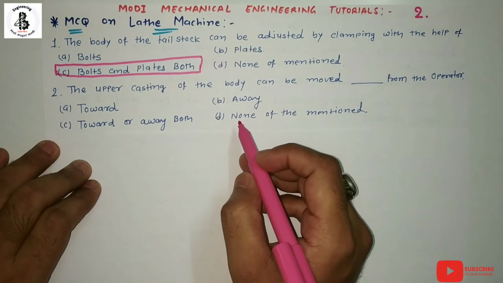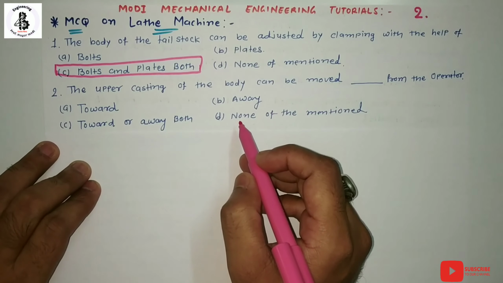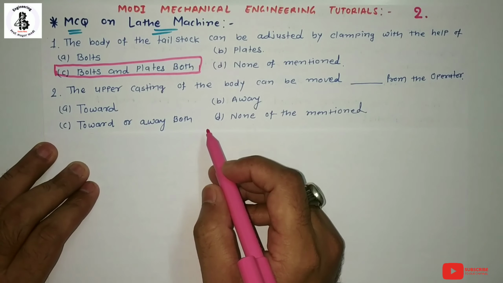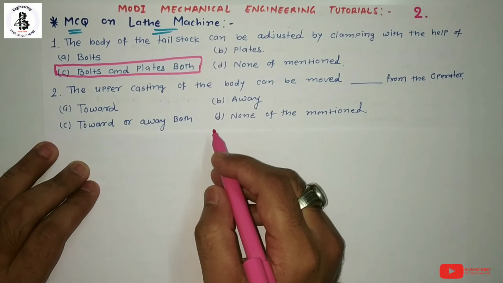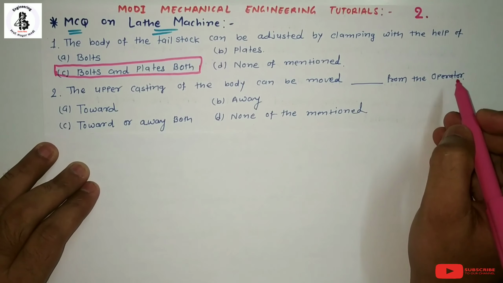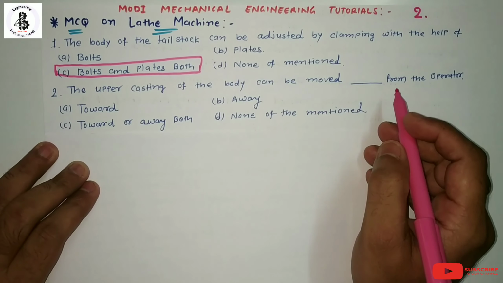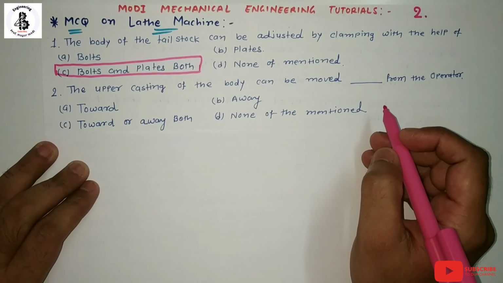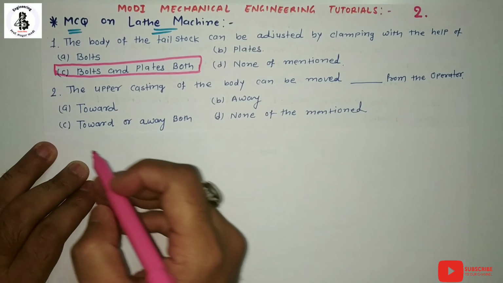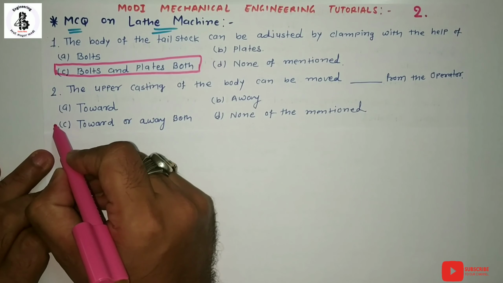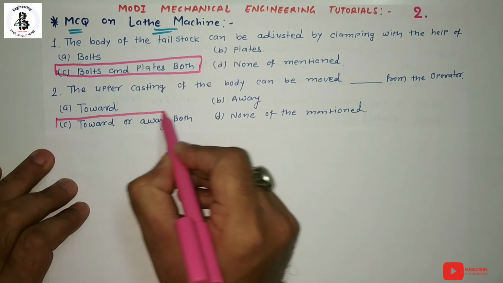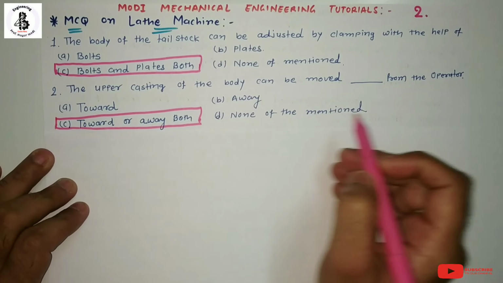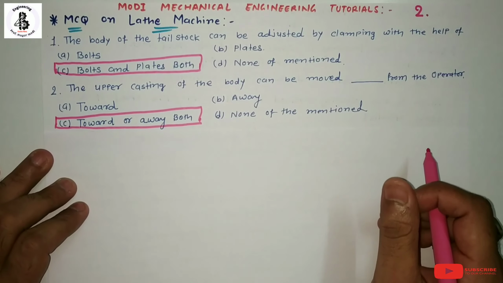So for operating a lathe machine, the upper casting of the body can be moved toward or away both from the operator. Both adjustments, or you can say movements, are required to perform the operations on the lathe machine. So for this question the answer is C, towards or away. Both kinds of movement are required according to my operations. Then next question.